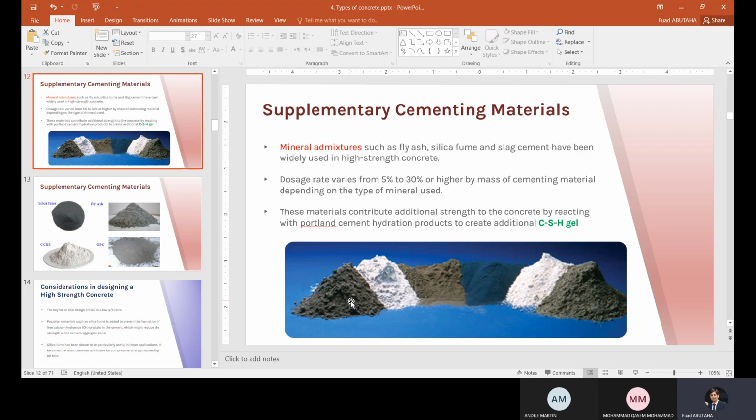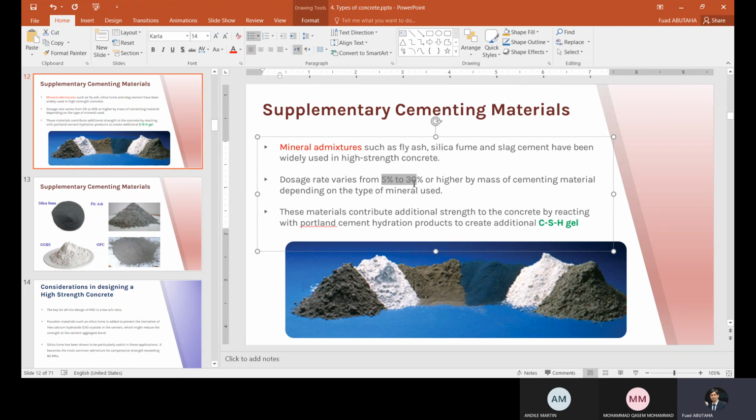the cement contents with a percentage and add these mineral admixtures instead. The replacement can go up to 50%. It means that if I need to use, for example, 10% of mineral admixtures, 10% of the total weight of the cement, the binder, I take out 10% of the cement and I add mineral admixtures instead.